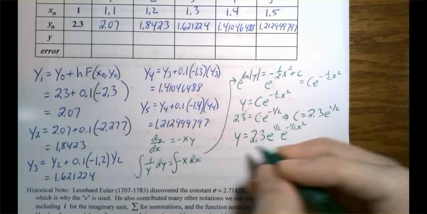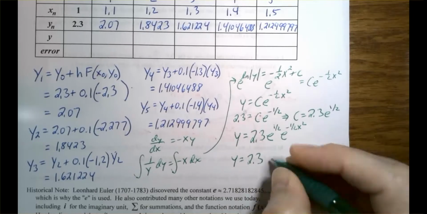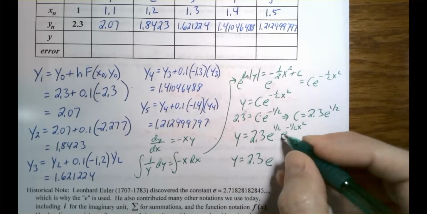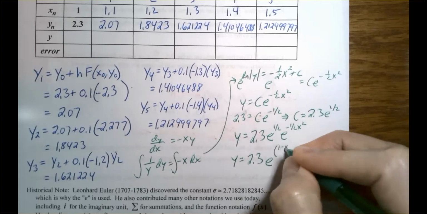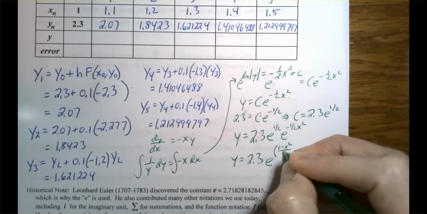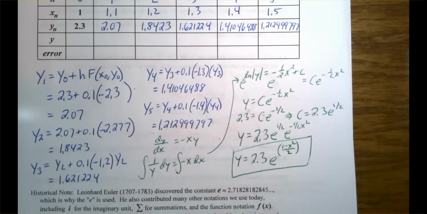I could combine these and say this is 2.3 times e to the 1/2 minus 1/2 x squared, or just (1 minus x squared) over 2. That would be the particular solution here.